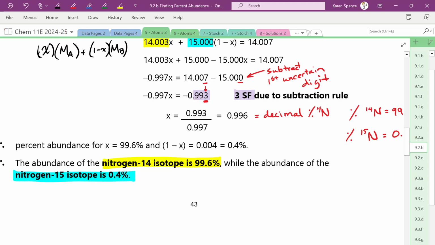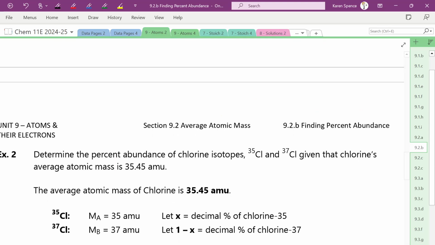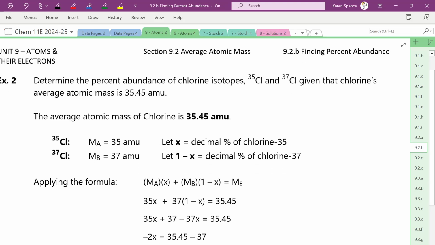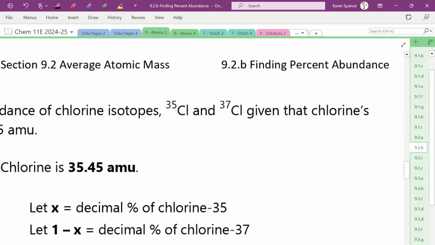Okay, so it's just kind of about wrapping your head around the math here. There's nothing different in this next example other than the fact that we haven't been given those fancy numbers. We haven't been given any special number for chlorine 35, like 35.004 or whatever it is. So we can only work with 35.